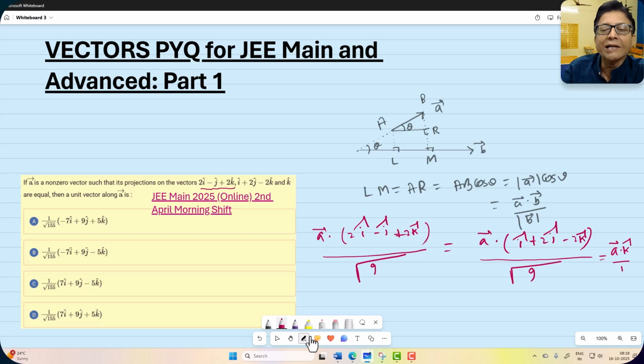Understood? Because unit vector k has modulus equal to 1 only.